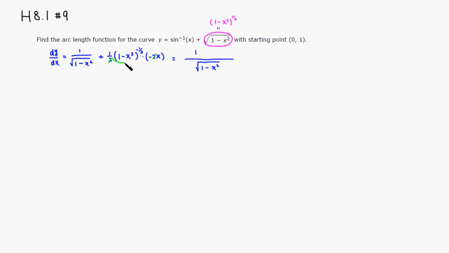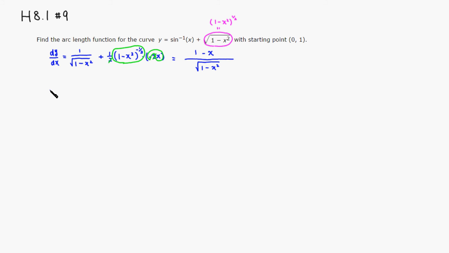If you look at this part here, this is just 1 over square root of 1 minus x squared. So we need the numerator, which is right here, negative x. So you have a minus x here.